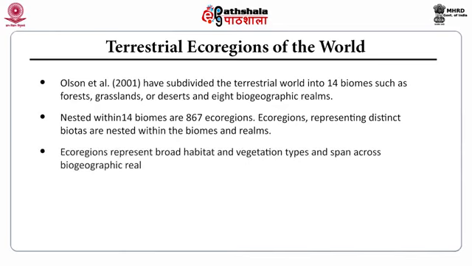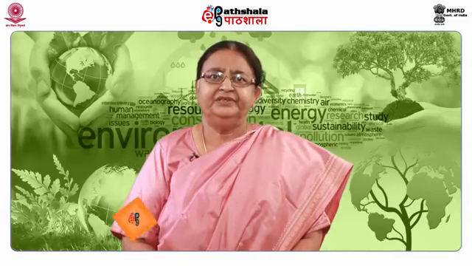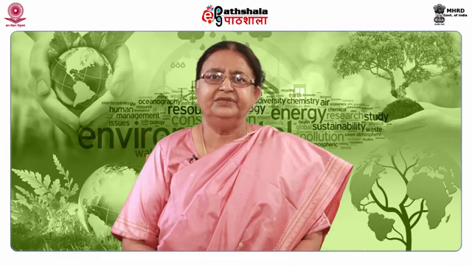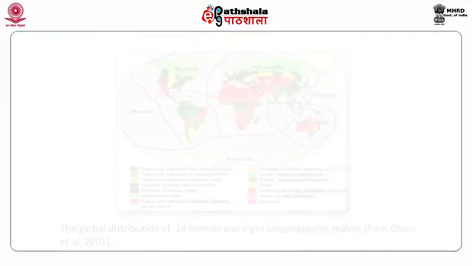Ecoregions represent broad habitat and vegetation types and span across biogeographic realms. The scheme of organization is like this: biogeographical realm with 8 categories, biome with 14 types.